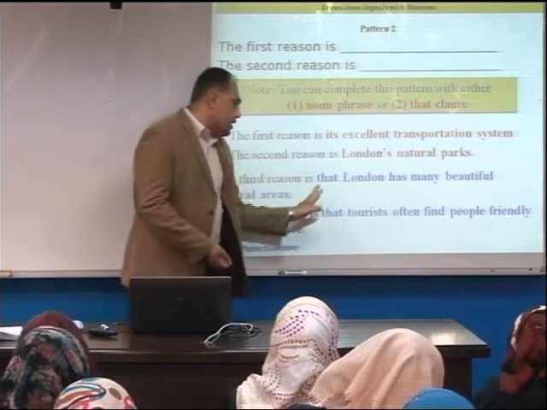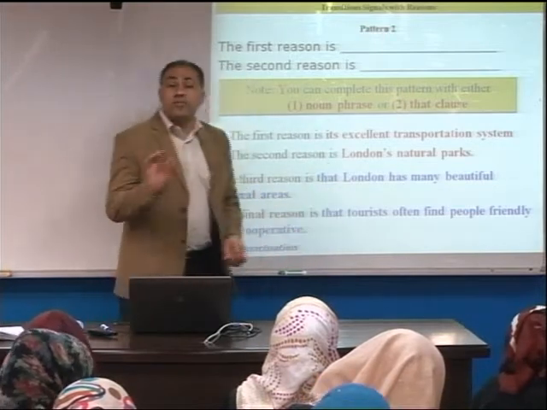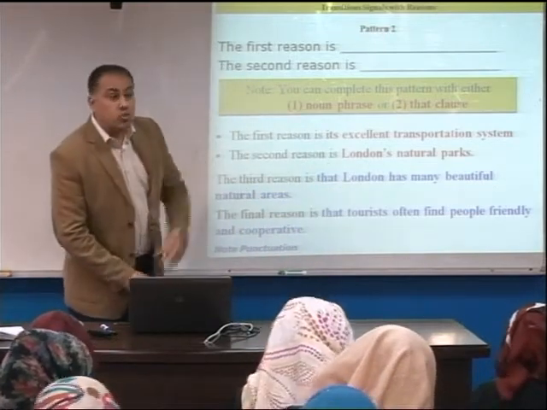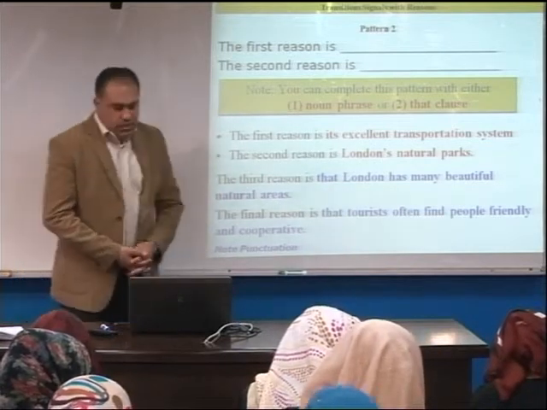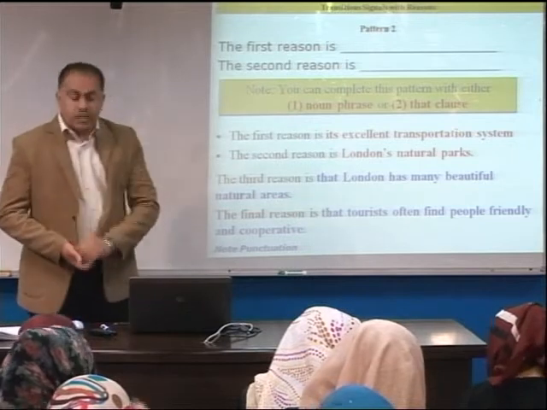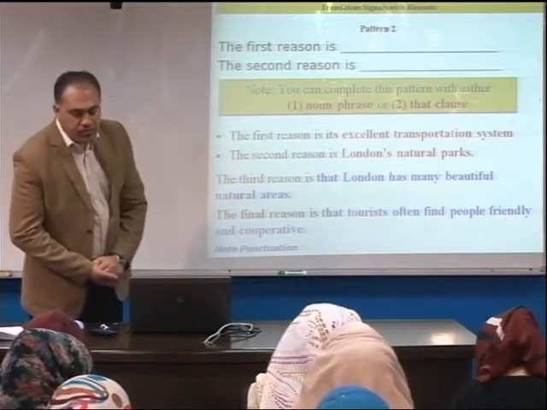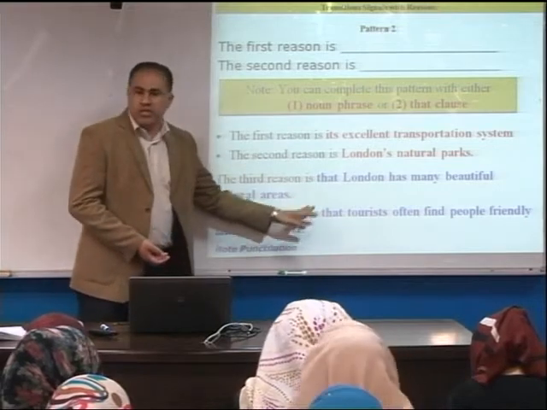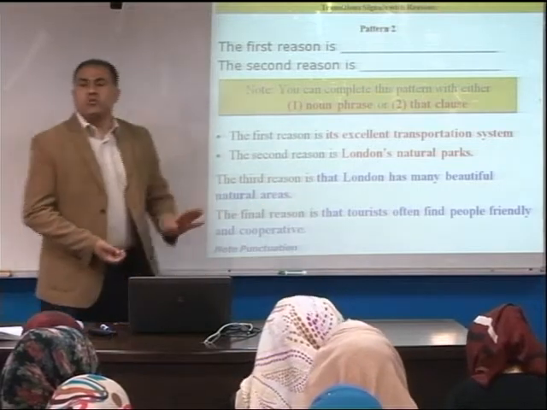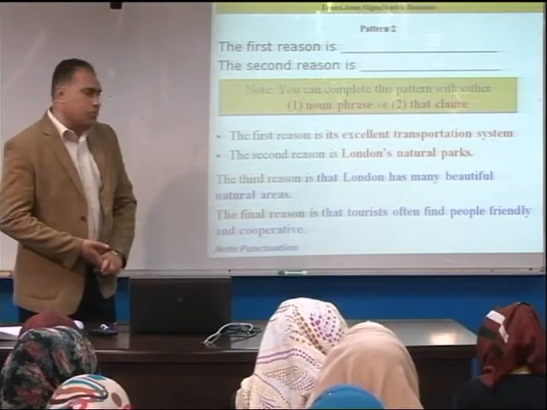So what we see here is that after the verb we have a that clause, a clause that begins with that. Or "The final reason is that tourists often find people friendly." Do you see any punctuation marks here in terms of commas? No, there is no need for any punctuation marks, especially commas.